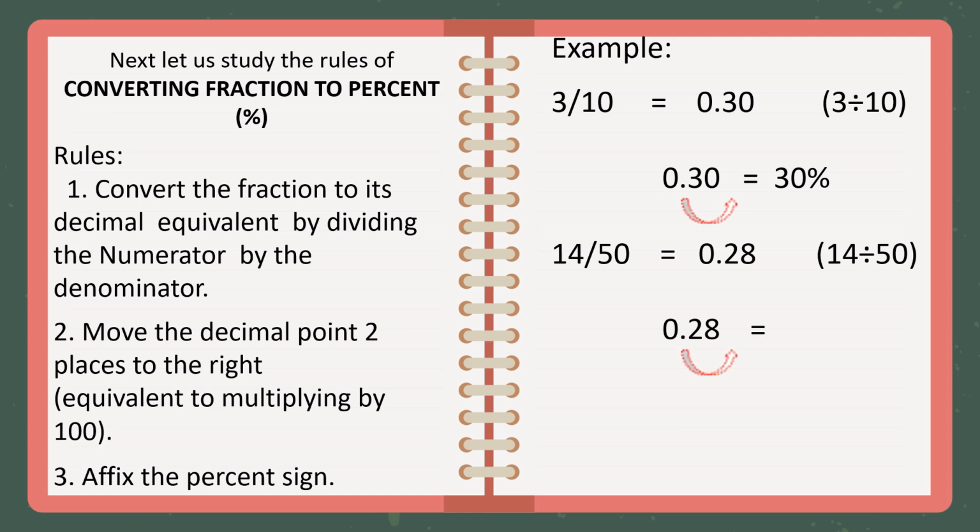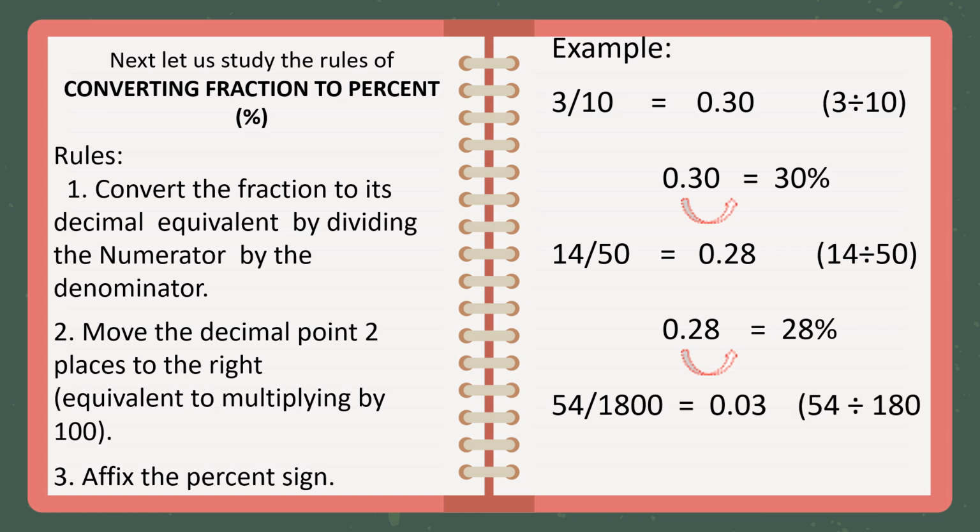That is 14 divided by 50 is equal to 0.28. Copying 0.28 and then moving the decimal point 2 places to the right will give us 28%. So 14 over 50 is equal to 28%.